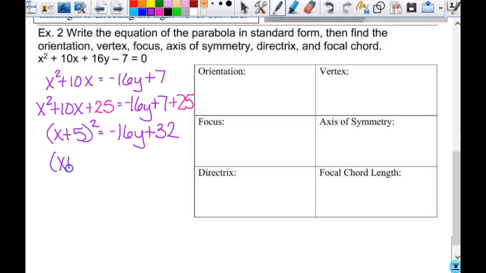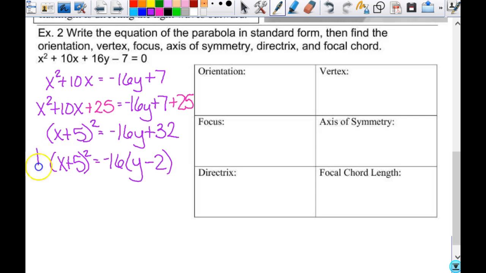So this is going to be (x + 5) squared equals negative 16 times (y, and then what? Plus 4, minus 4? Minus 2. Duh, minus 2. Don't ask me. All right, we good?